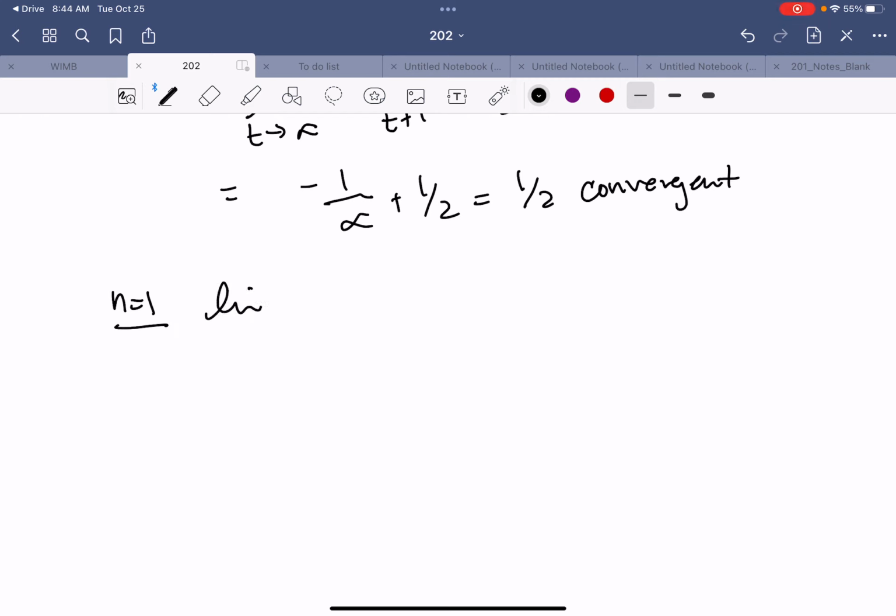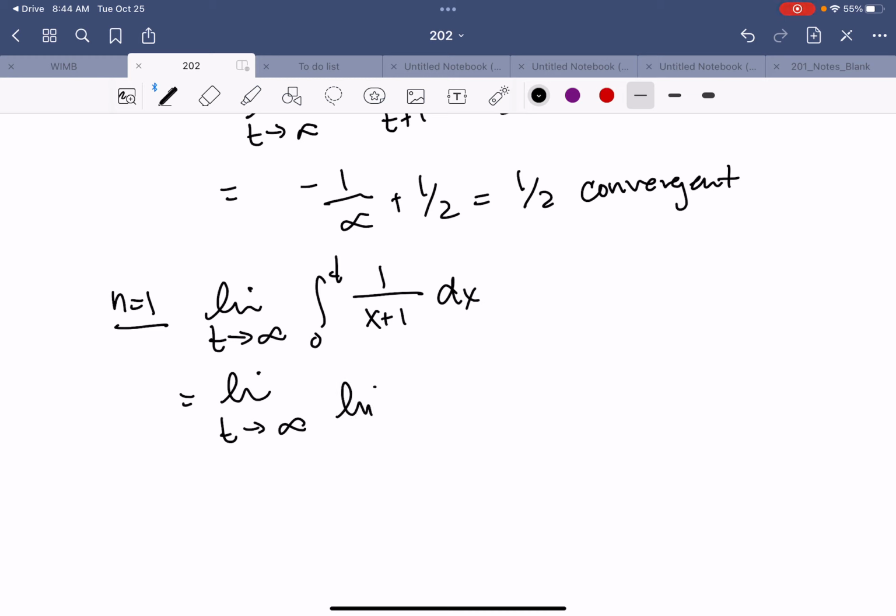If n is equal to 1, we get the limit as t goes to infinity of the integral from 0 to t of 1 over (x plus 1) dx. In that case, this is the limit as t goes to infinity of the natural log of (x plus 1) from 0 to t.